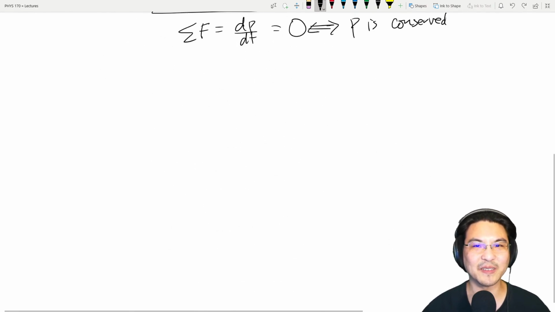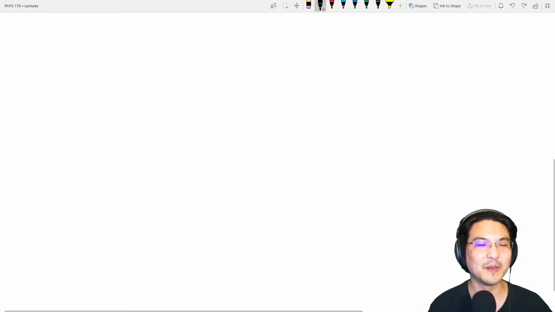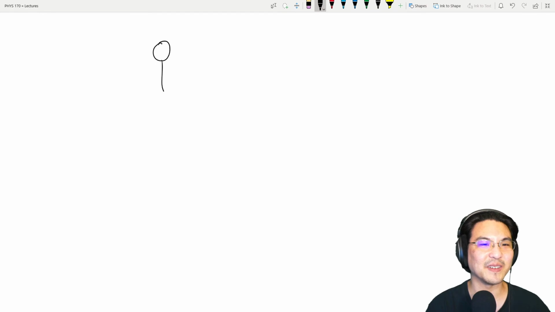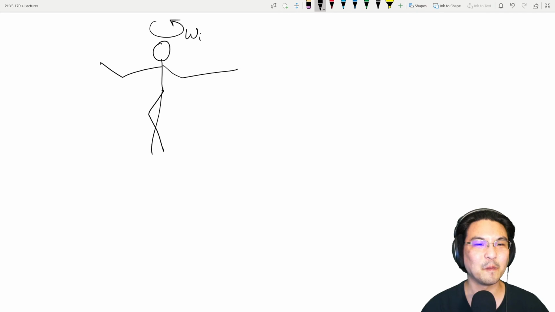Okay, how about a concrete example here? Let's start with a simple conceptual one. Let's say there's a figure skater spinning with arms outstretched like this, spinning around with some initial angular velocity.